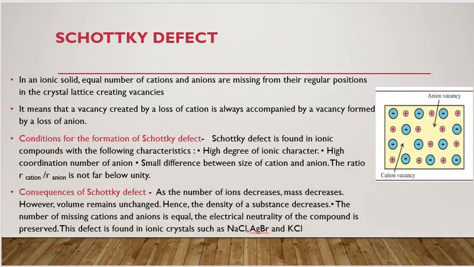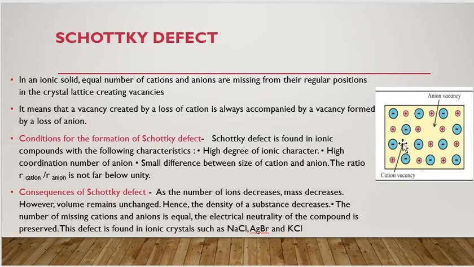Now, Schottky defect. Schottky defect occurs in ionic solids. In an ionic solid, an equal number of cations and anions are missing from their positions in a crystal lattice, creating vacancies as you are seeing in the diagram. Here you are seeing one negative ion is missing from this side, as well as one positive ion is missing from another side.